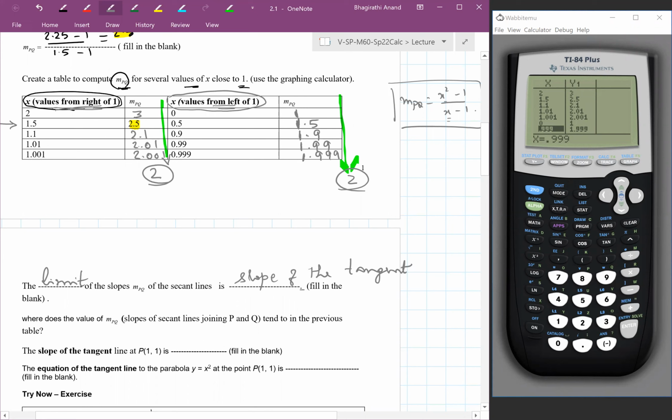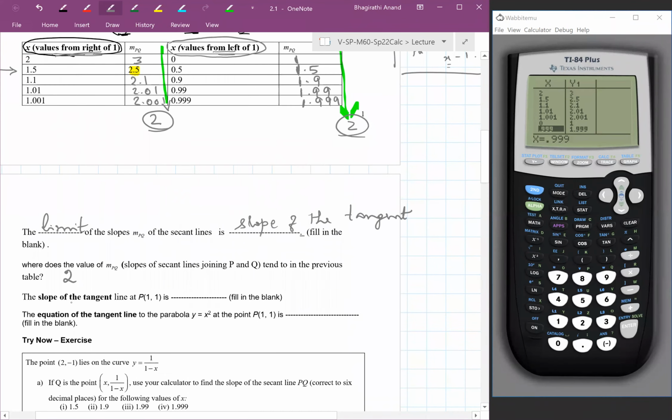Where does the value of mPQ tend to in the previous table? We know that it is 2. The slope of the tangent line at P(1, 1) is now 2. So can we get the equation of the tangent line easily now at (1, 1)? Yes. What we need is the point and the slope. We have found the slope, which is equal to 2.